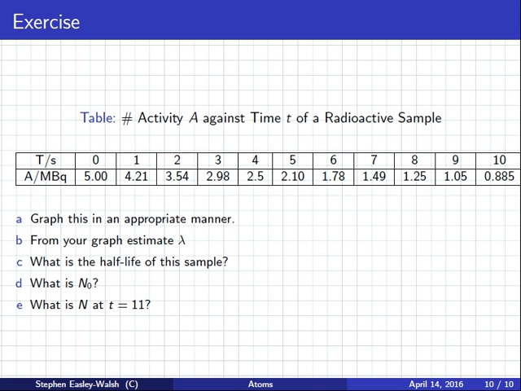The appropriate graph here is to use log. This is not linear, this is exponential.